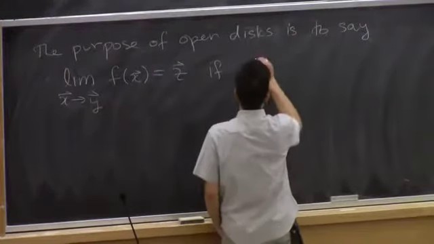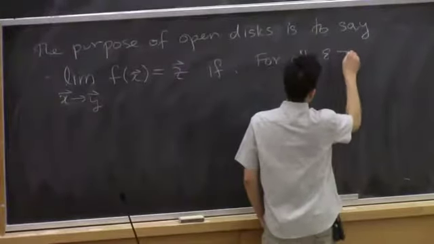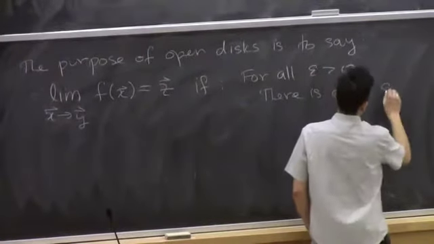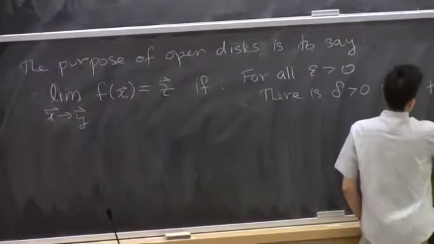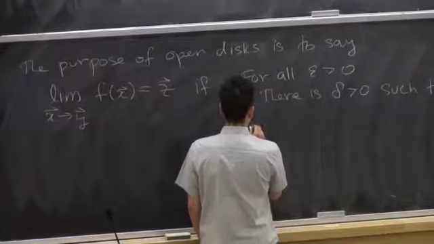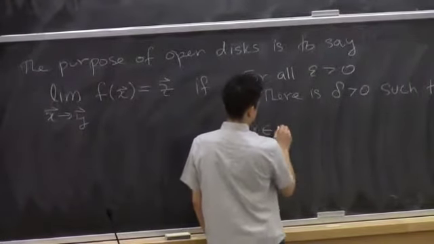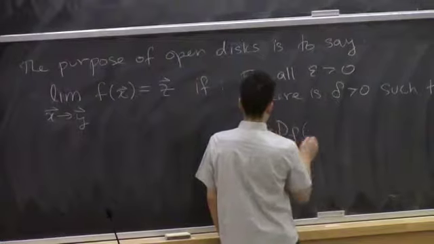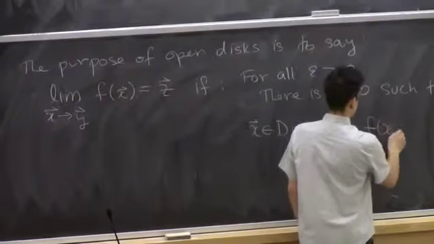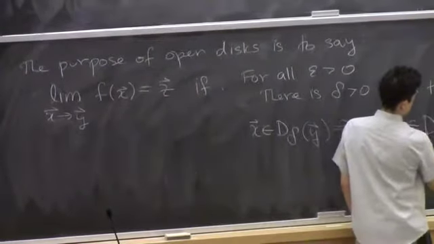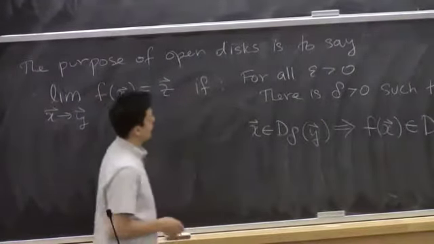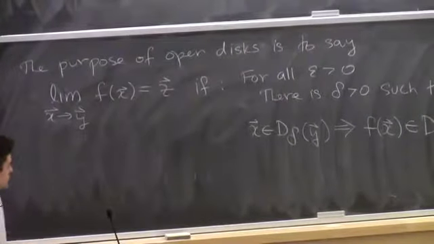So for all epsilon there is delta such that... Now we've stated things in terms of disks.